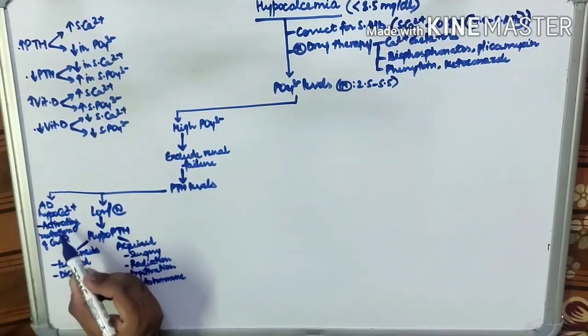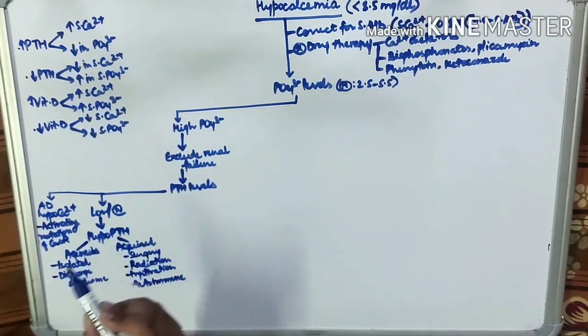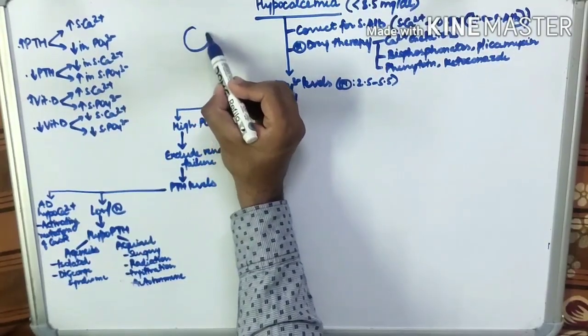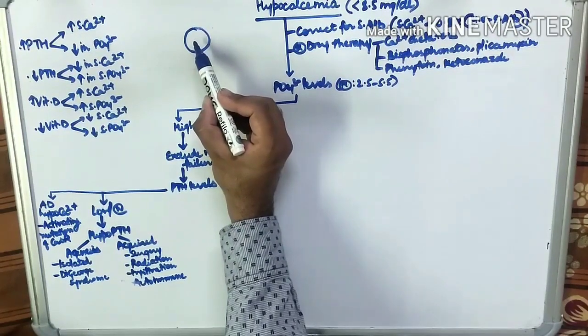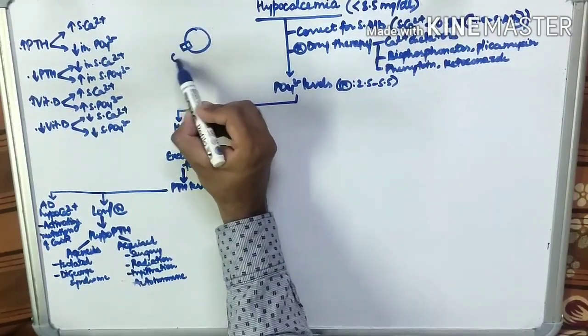So if there is an activating mutation in calcium sensing receptor, it senses that the ambient calcium concentration is very high, which impairs PTH secretion. Supposing this is a PTH secreting cell, there is a calcium sensing receptor.